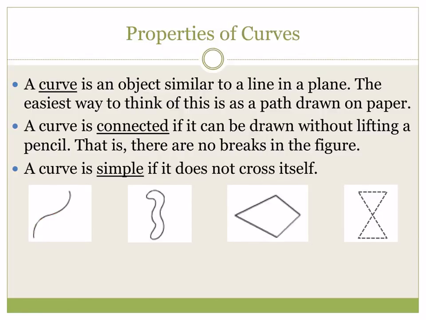So this one's connected. How about the second one? Yes, the second one is also connected. I could trace around it without picking up my pencil. How about the third one? Yes. And the fourth one?